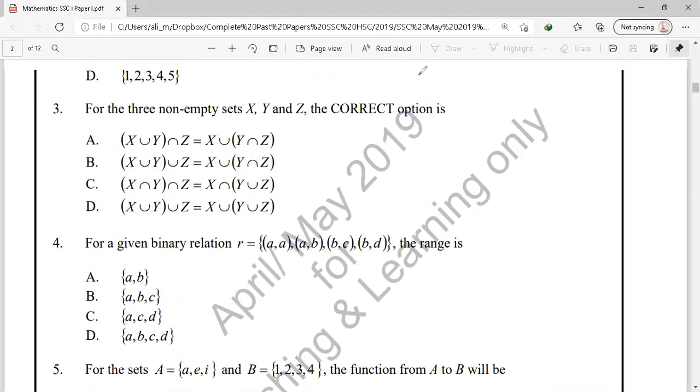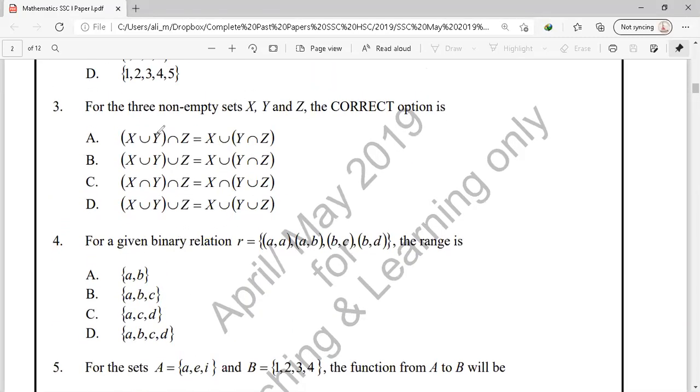We have question number 3 and question number 4. In question number 3, we have three sets X, Y, and Z, and we have to identify the correct relation between these four options. If we look at these options, option D is the correct answer, and this expression is the commutation of union.